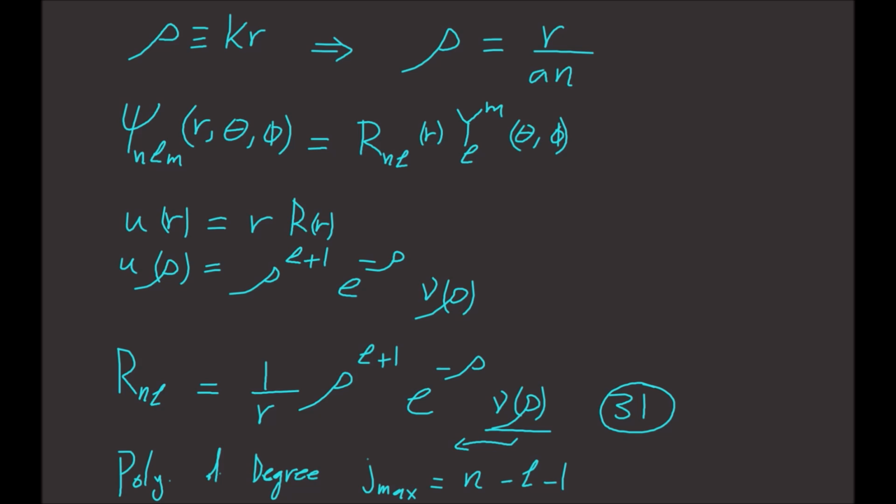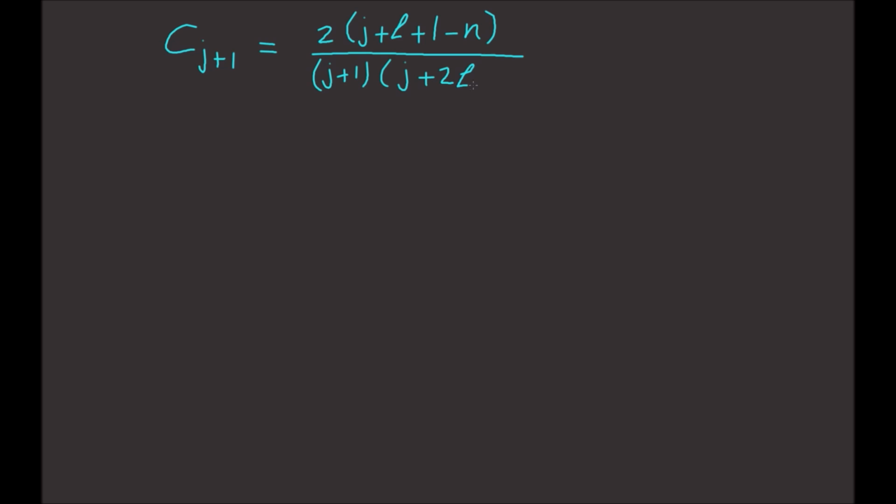So now we're going to rewrite the recursion formula, equation number 26. We're going to write it in terms of n. So now we have C sub j plus 1 equals 2 times j plus L plus 1 minus n, divided by j plus 1 times j plus 2L plus 2, times C sub j.